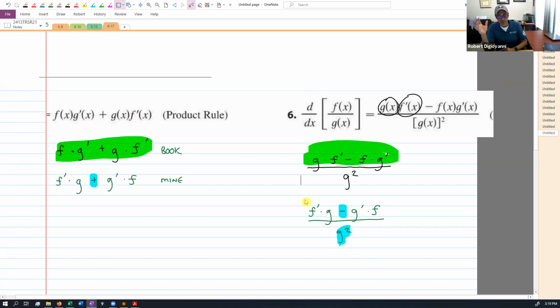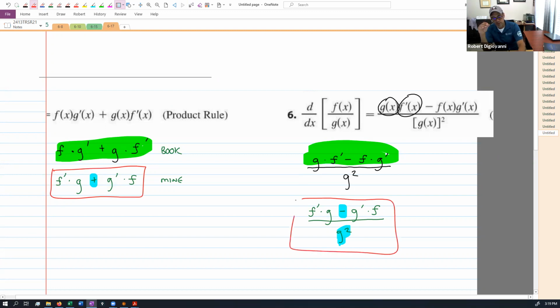As long as I've been teaching calculus, well, actually, when I was a student of calculus, I realized that, at least in my mind, it made sense to memorize this and then just remember a couple of slight changes for the quotient rule, as opposed to thinking about it as almost two completely different formulas. They're not completely different. They're very similar if you look at them a certain way.